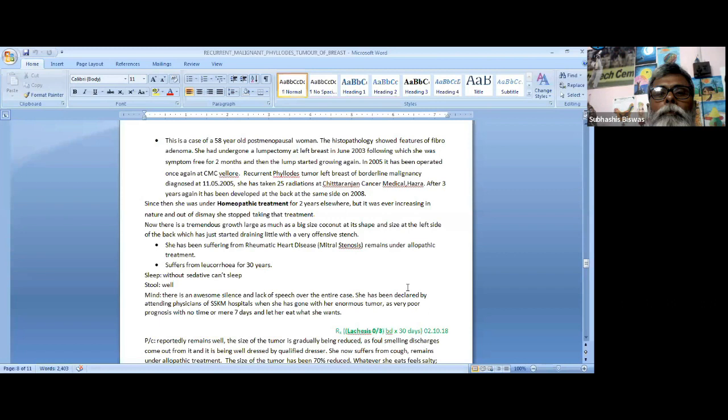So the presenting situation was a tremendous growth, as large as a big coconut. I can say it's the size of what I am showing you by hand, because there is no picture from that time.